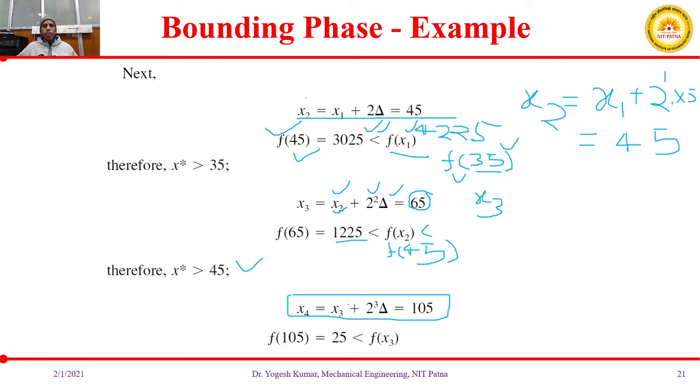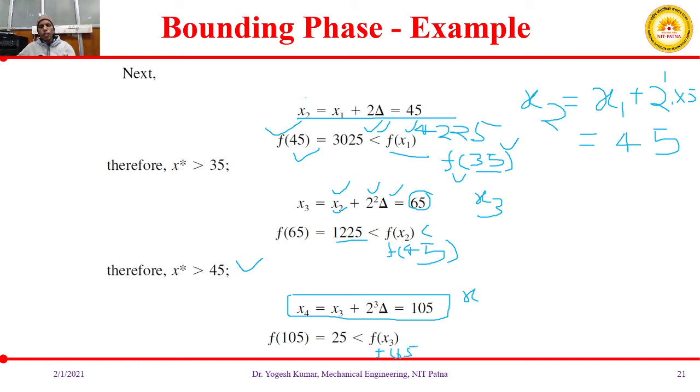Okay, and we will calculate the value of x4. For x4 this will be x3 plus 2 raised to the power 3 into delta. So this is 8 into 5, it means 40. 40 plus 65, this will be 105. Here we can see again the value of function for 105 is less than your f(x3), that is f(65).